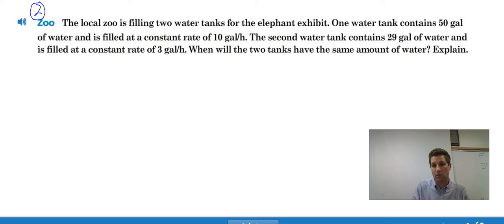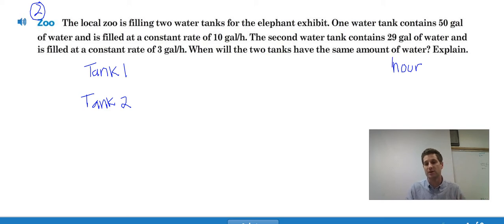So we're going to have tank 1 and an equation for that, and we're going to have tank 2. I'm going to use some variables. Per hour, so hour is a good indicator because the question is when will the 2 tanks have the same amount, and probably how much they contain.